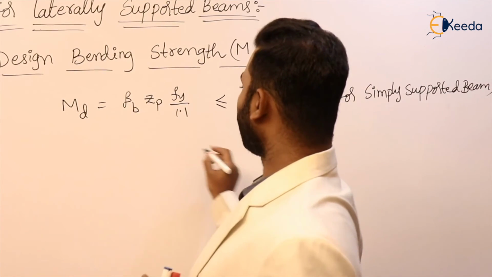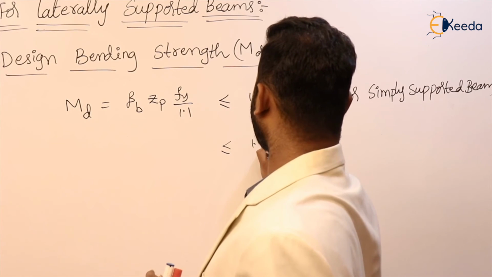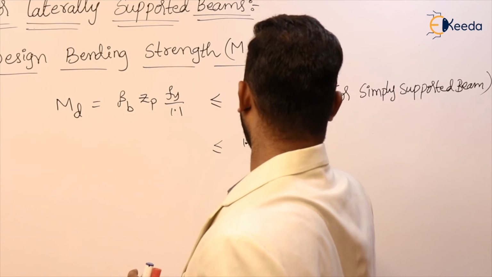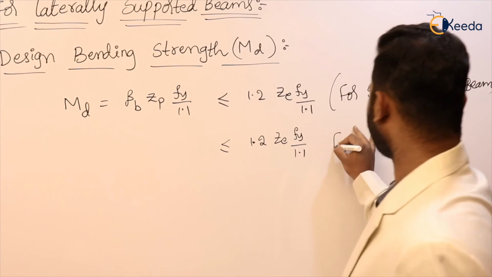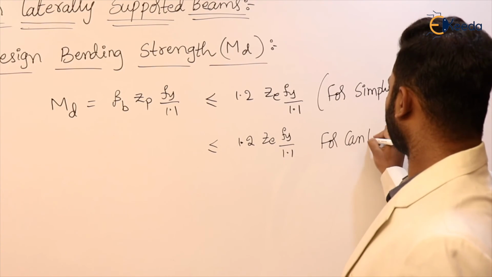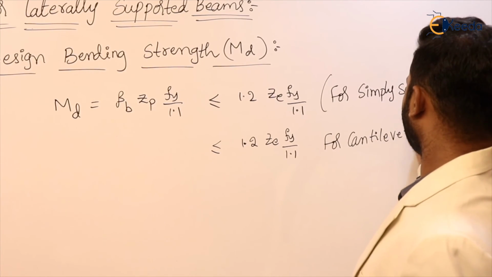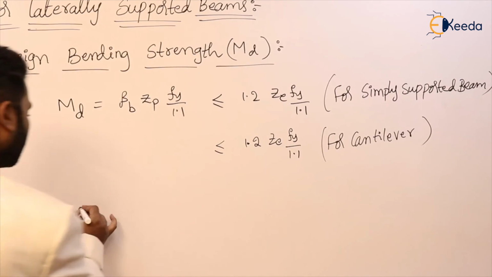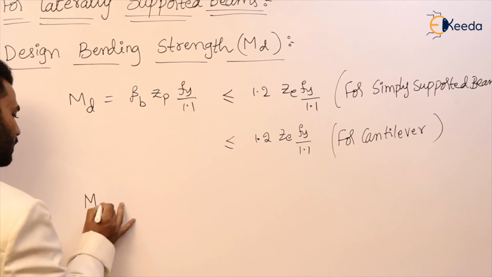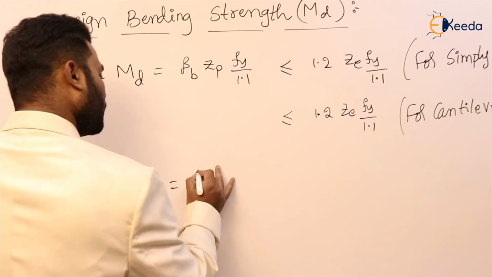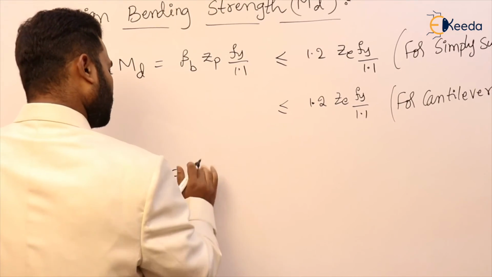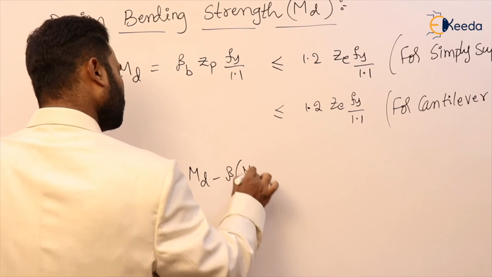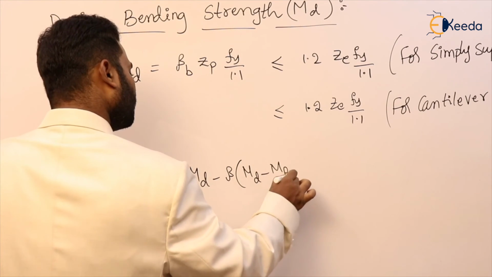And for cantilever, the value Md should be less than or equal to 1.5 Ze Fy by 1.1. So this is in low shear case. In high shear case, the design bending strength we represent with Mdv, which is equal to Md minus beta (Md minus Mfd).